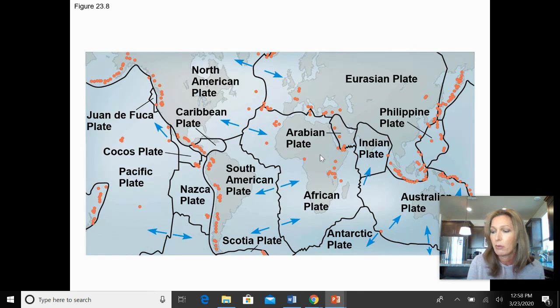The result of these plates moving is what we refer to as continental drift, and we're going to have changes in separation, changes in climate, changes in all sorts of things over the course of hundreds of thousands to millions of years.